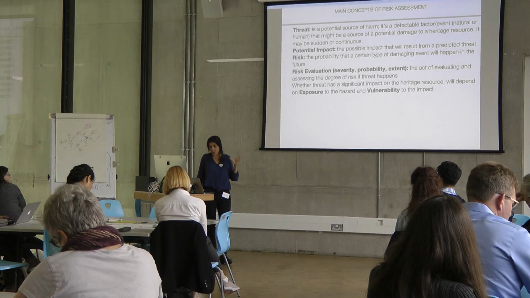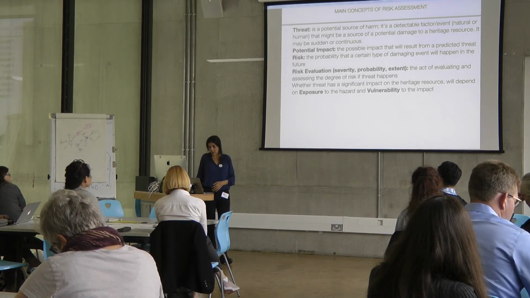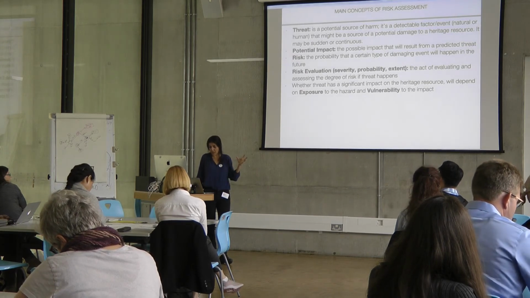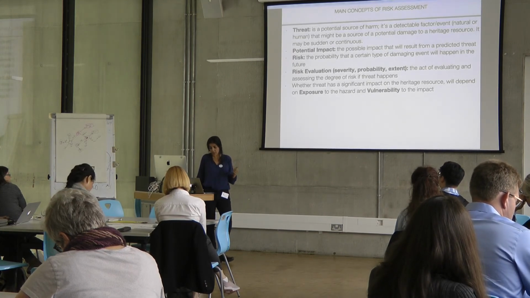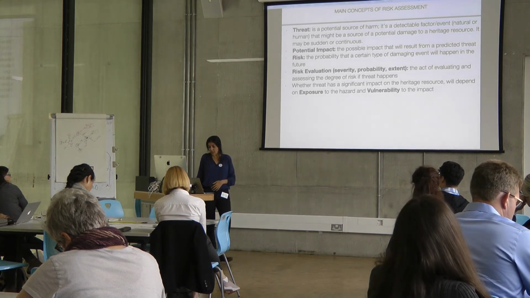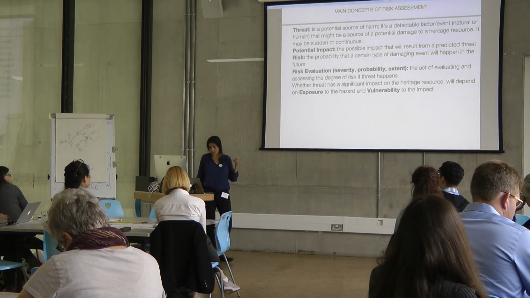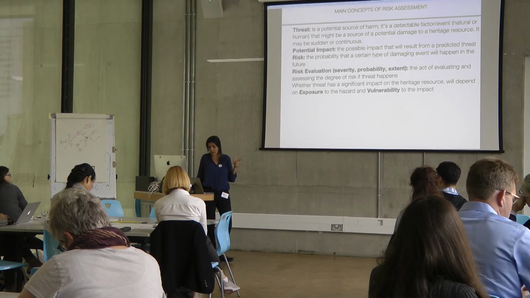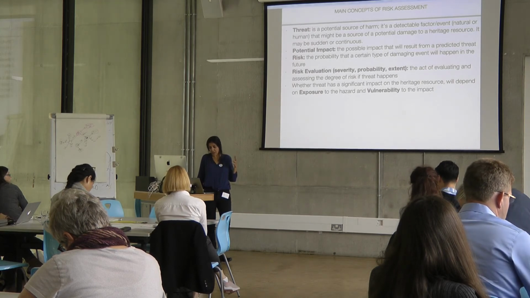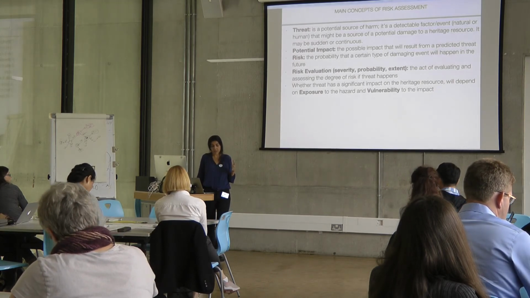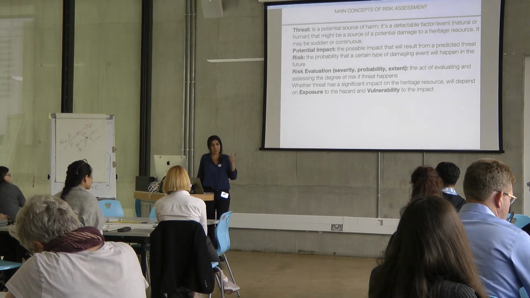Risk itself, the probability that this certain type of damaging event will happen in the future. Evaluation of the risk, so identify what is the severity, probability, and extent. And two other concepts that we wanted to be able to record in the database are exposure and vulnerability, because a threat by itself might not be significant without exposure and vulnerability.